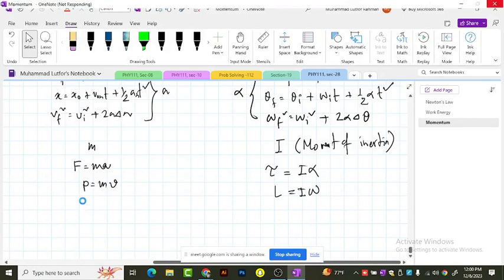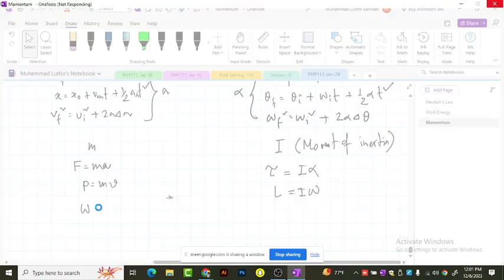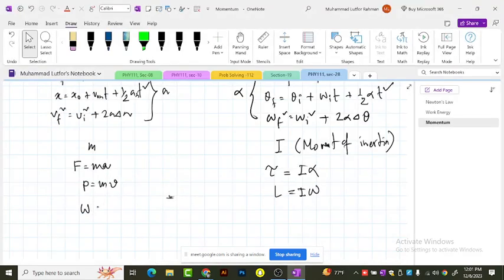And if you express the force by ma, then work we can write as F into d, and in the case of the rotational part we will write torque into theta.